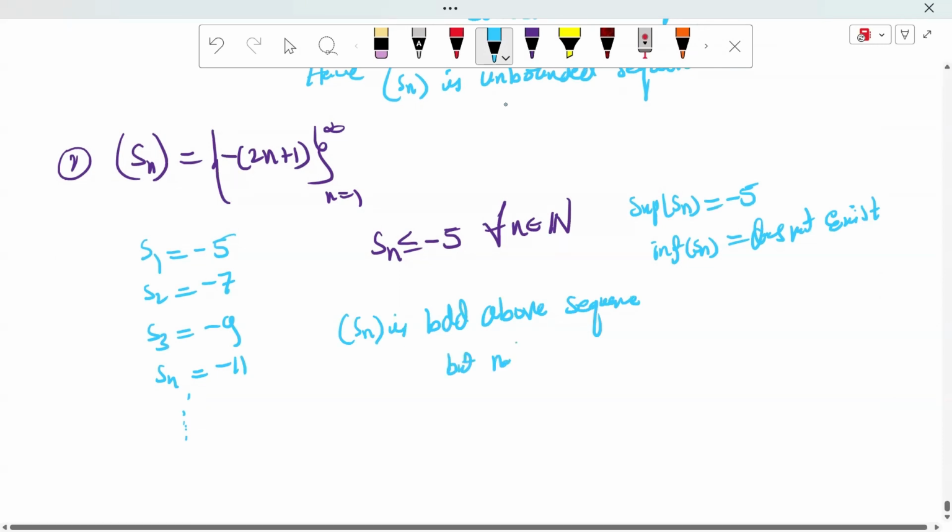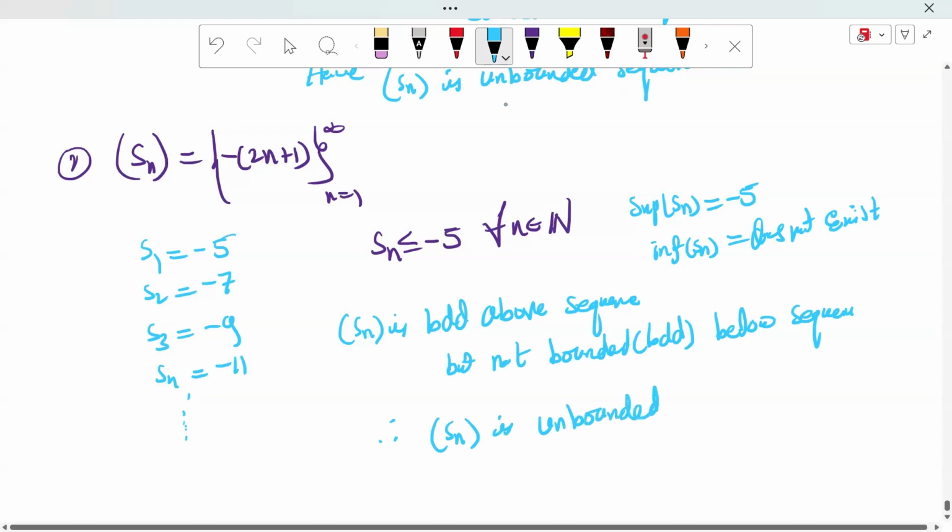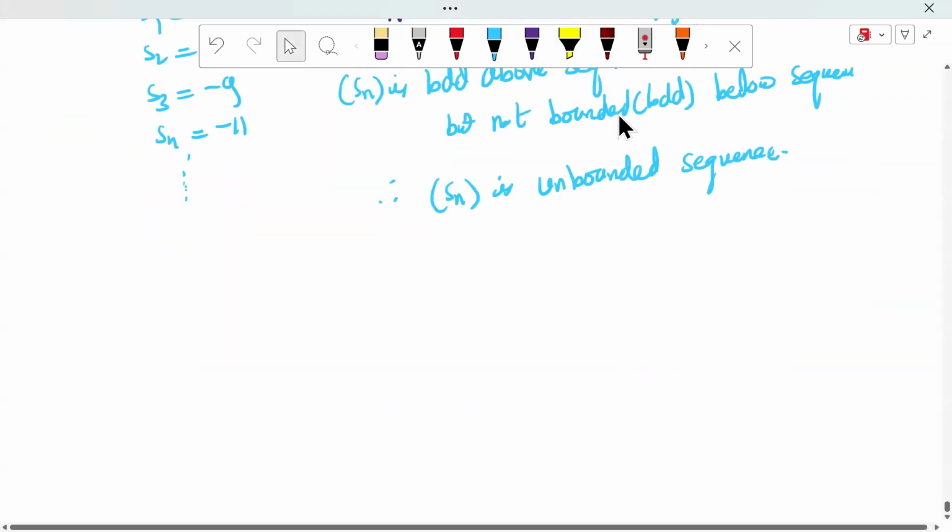Therefore, the sequence Sn is an unbounded sequence. Sequence Sn is unbounded, which is nothing but not bounded. Unbounded sequence. Another example.